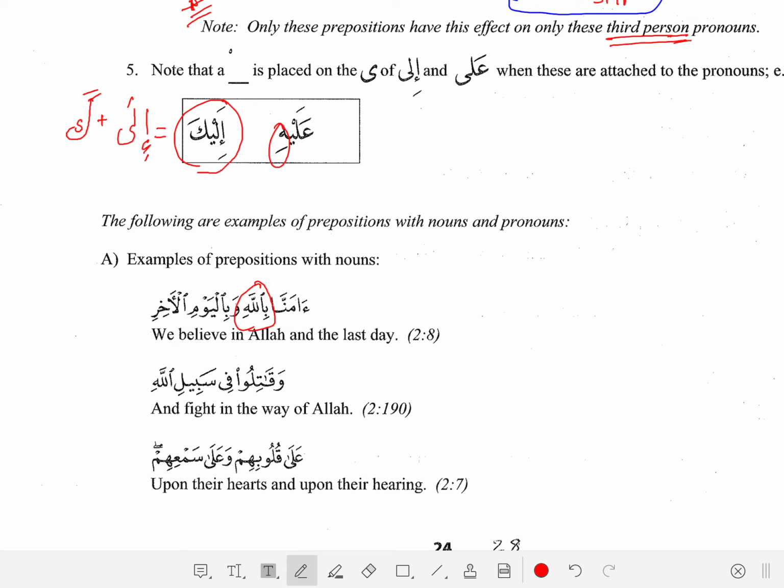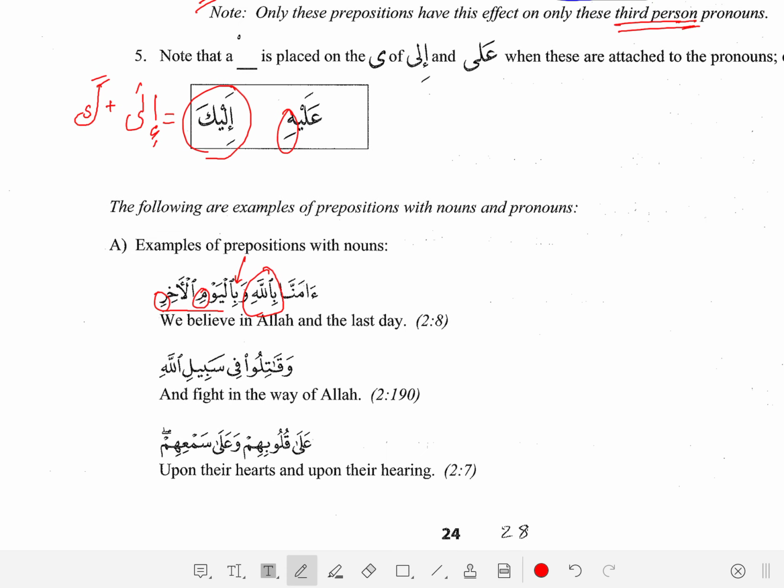Wa bil yawmil akhir. So this yawmil akhiri is essentially the same word. And here you again have a preposition, a harf jarr, bi. So bil yawmi, again yawmil akhiri. So again the dhamma converted into kasra.